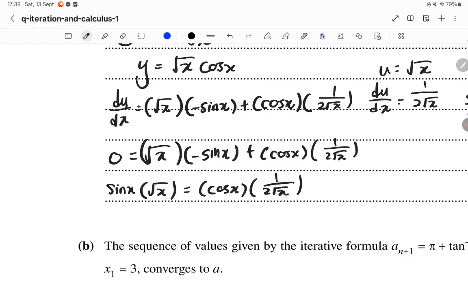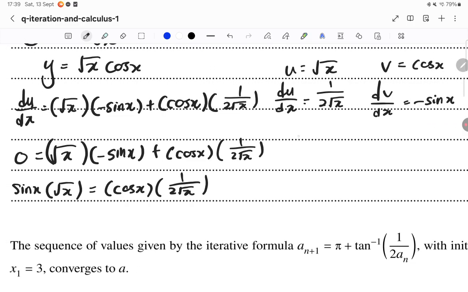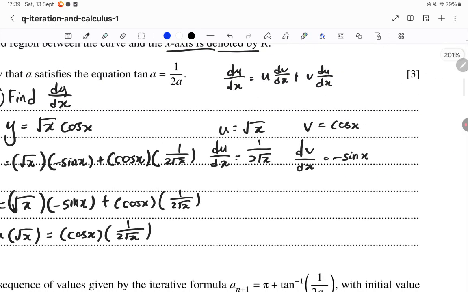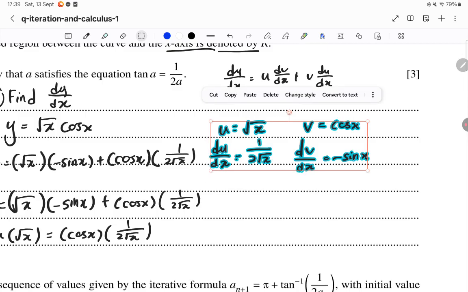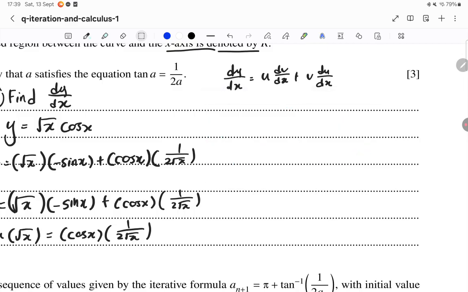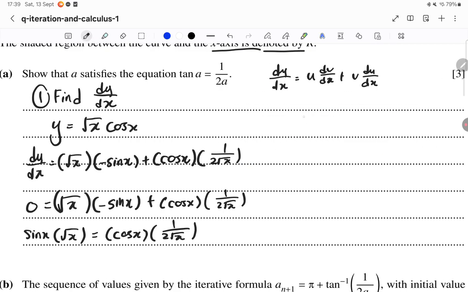And we can multiply each side with √x to give us x sin x equals cos x over 2.